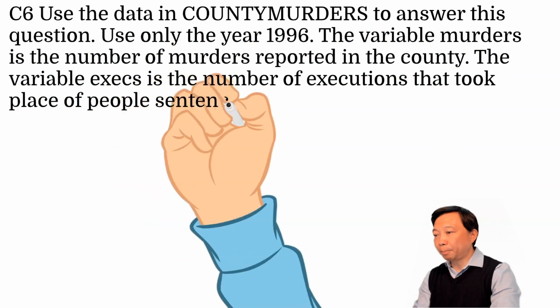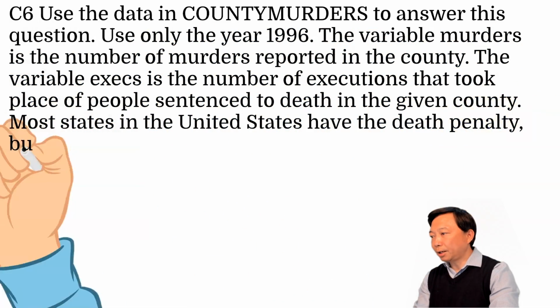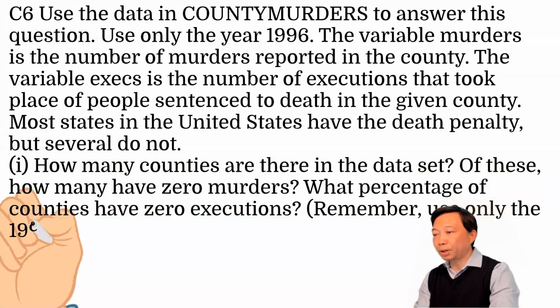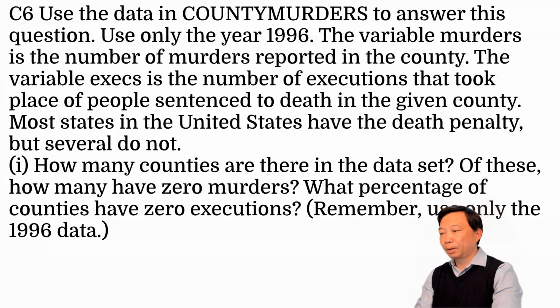Computer exercise number 6. Use the data in countymurders to answer this question. Use only the year 1996. The variable murders is the number of murders reported in the county. The variable execs is the number of executions that took place of people sentenced to death in the given county.